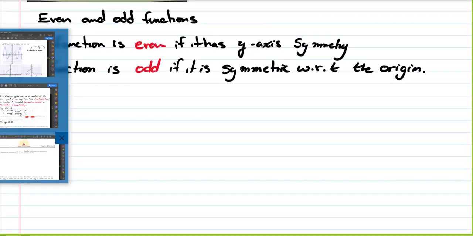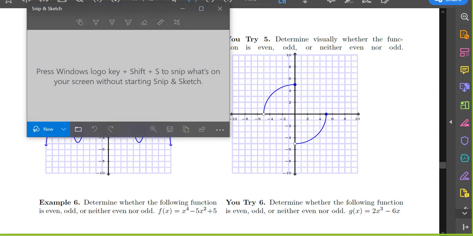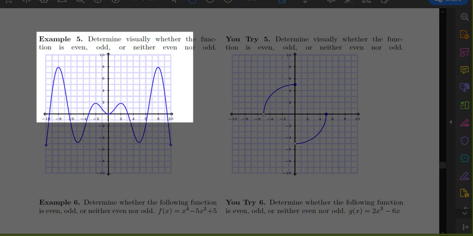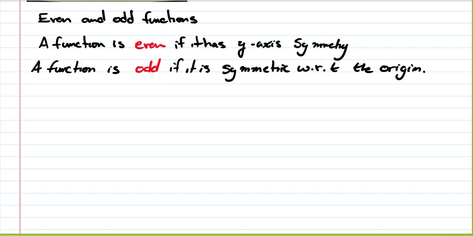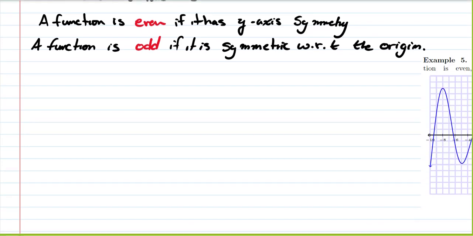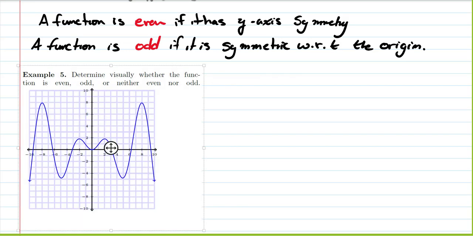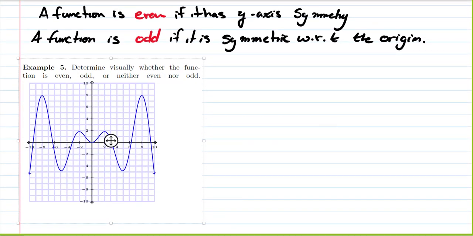So now, armed with those definitions, we're ready to analyze our graph. So for example number 5, it says, determine visually whether the function is even, odd, or neither. So even is the same as y-axis symmetry, and odd is the rotational symmetry.